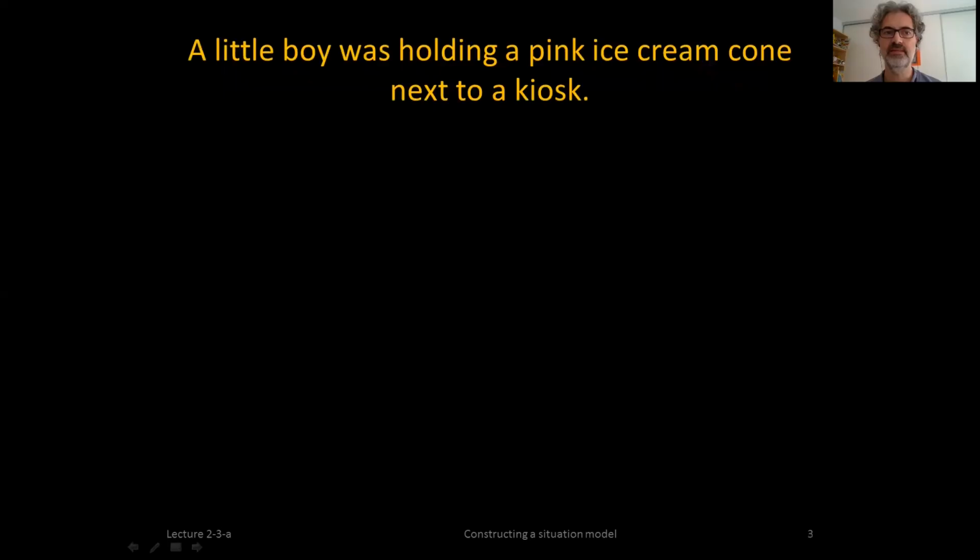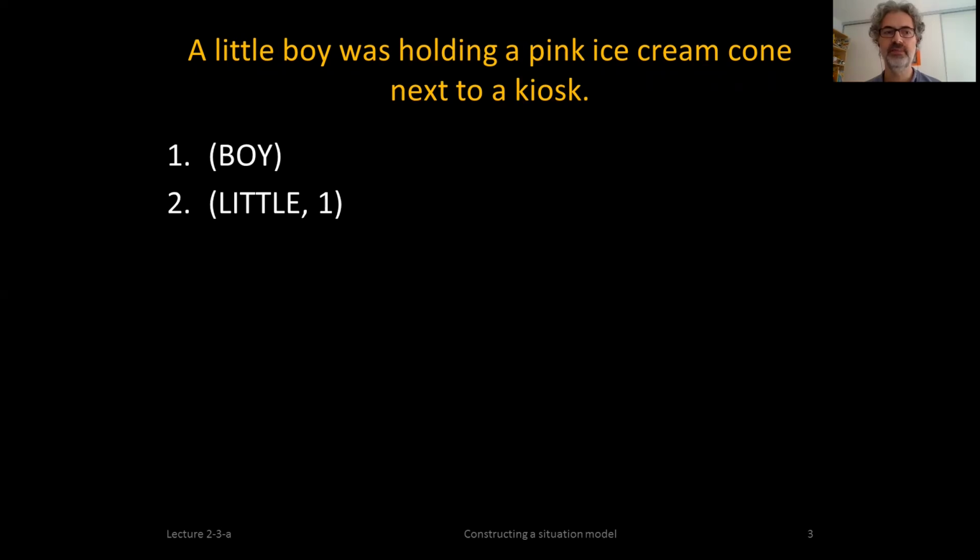The first sentence starts with talking about a little boy. So the first thing we must represent as we begin to read this sentence is that a boy is involved. This is a person, and so it's likely to be of particular significance, as we'll see below. And this boy is a little boy.